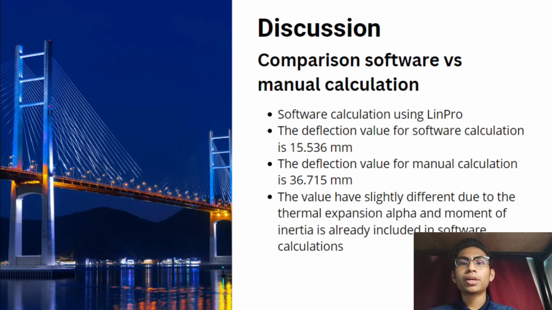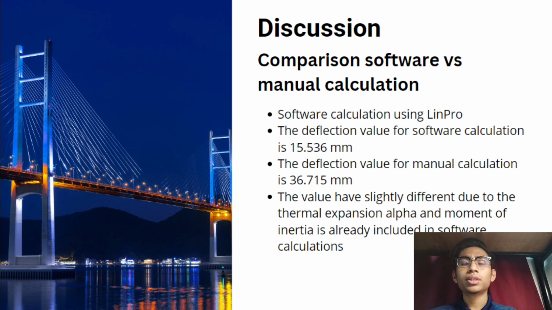For comparison of software and manual calculation, we use LimPro as the medium for software calculation. We get the deflection value for software calculation as 15.536 mm. Then we also get the deflection value for manual calculation as 36.715 mm.